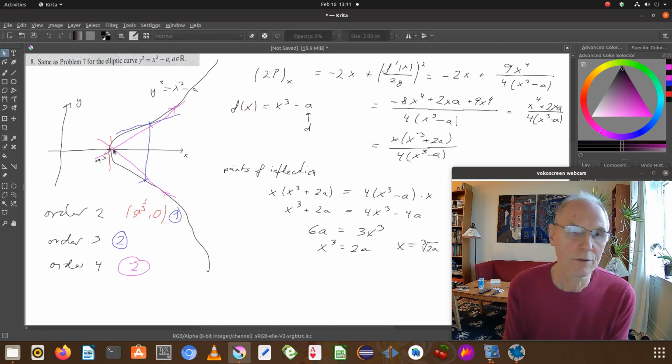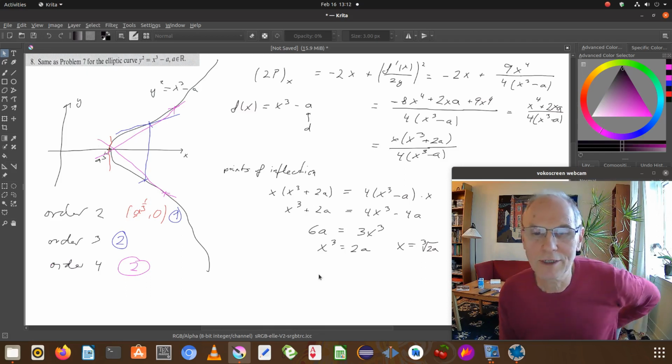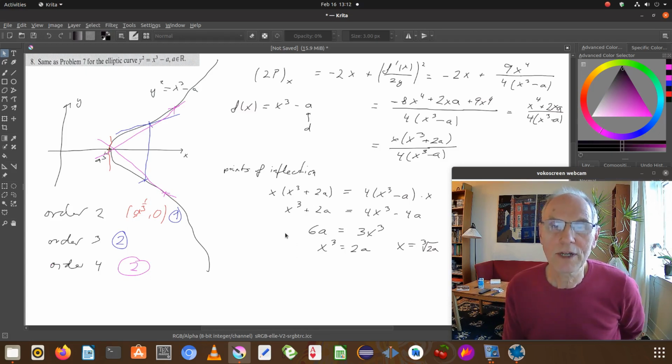So it's, I don't know, 1.3 up here. Drawing is not quite exact, but who cares? So that's the point of inflection.